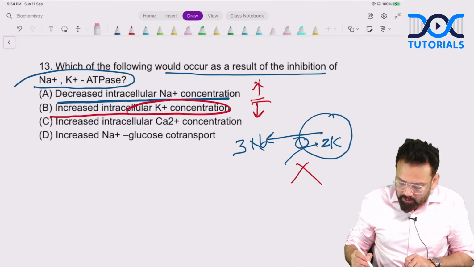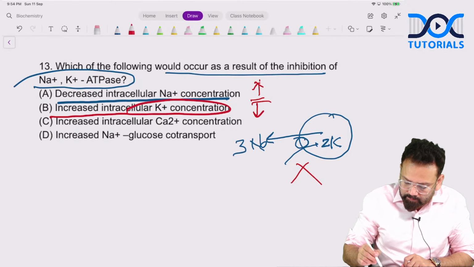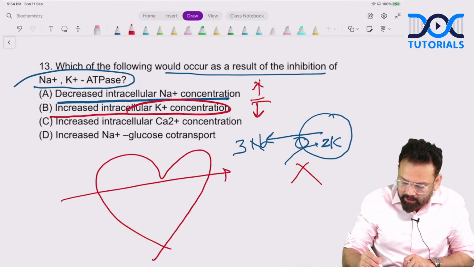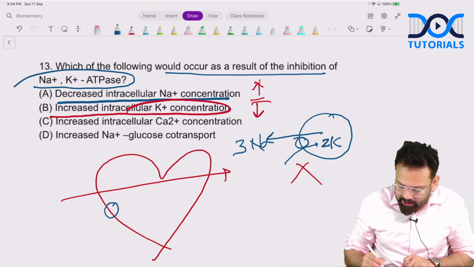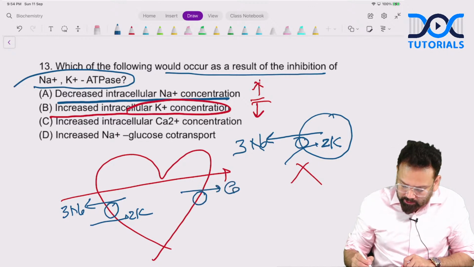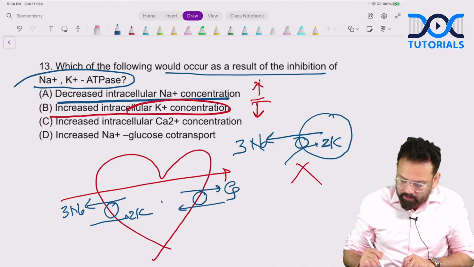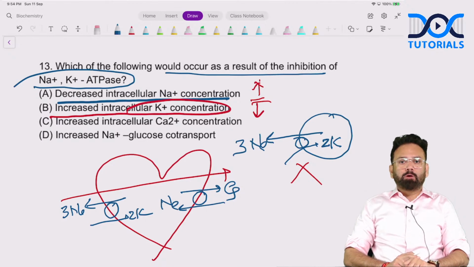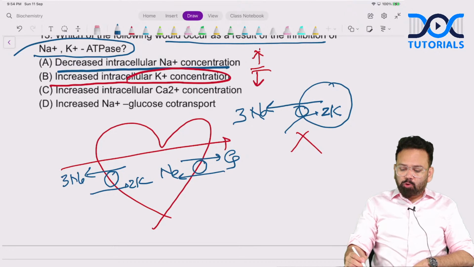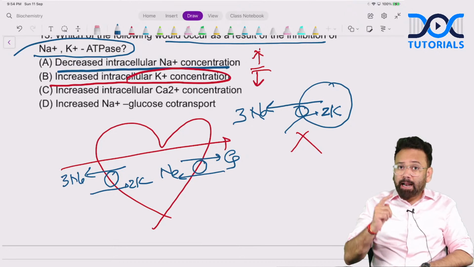Yes. How? This is your heart. Your heart has the sodium potassium pump, 3 sodium, 2 potassium. Your heart also has a sodium calcium antiporter. Your heart has two pumps, the sodium potassium pump and the sodium calcium antiporter.